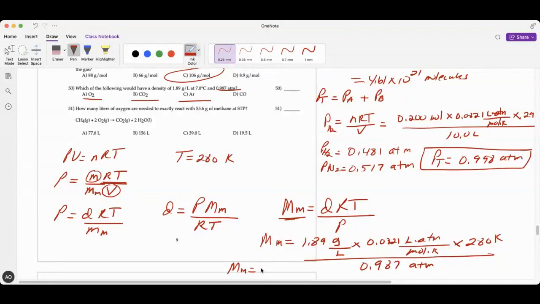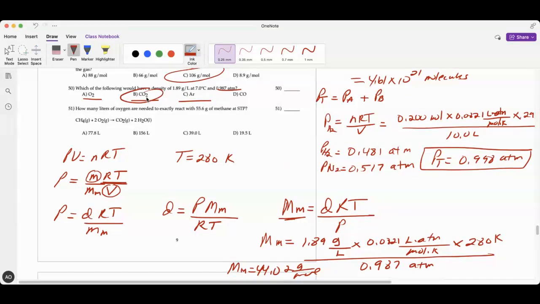So the molar mass is equal to 44.02 grams per mole. So this one would be carbon dioxide. So that was an easy way to do it. So the answer for that one is B.